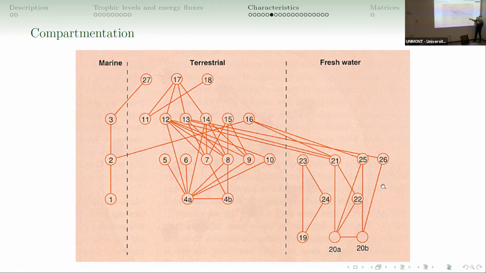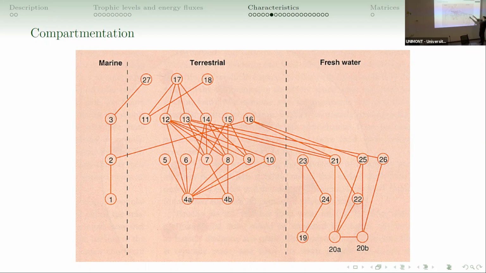If something happens here, this compartment buffers the effect that spreads out, right? If something happens here, to species 22, then the effects will go here and maybe a bit there, but mostly the effects will stay here, right?